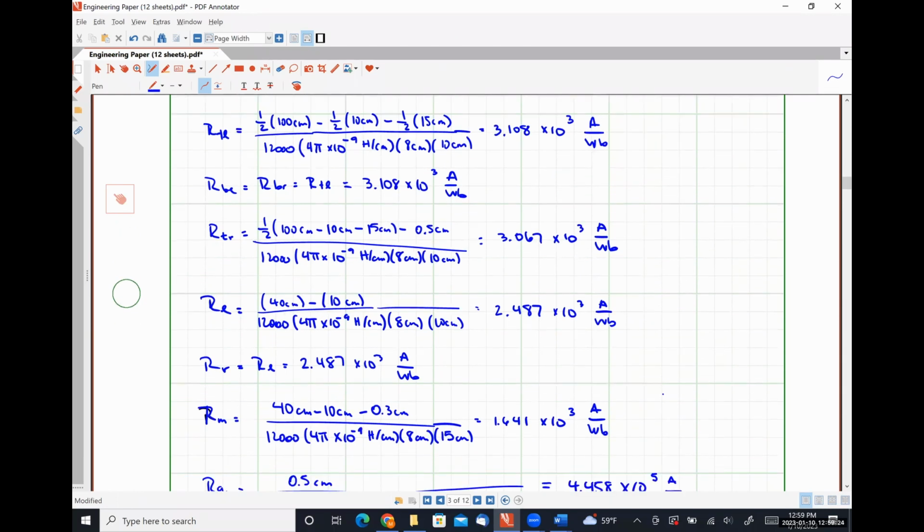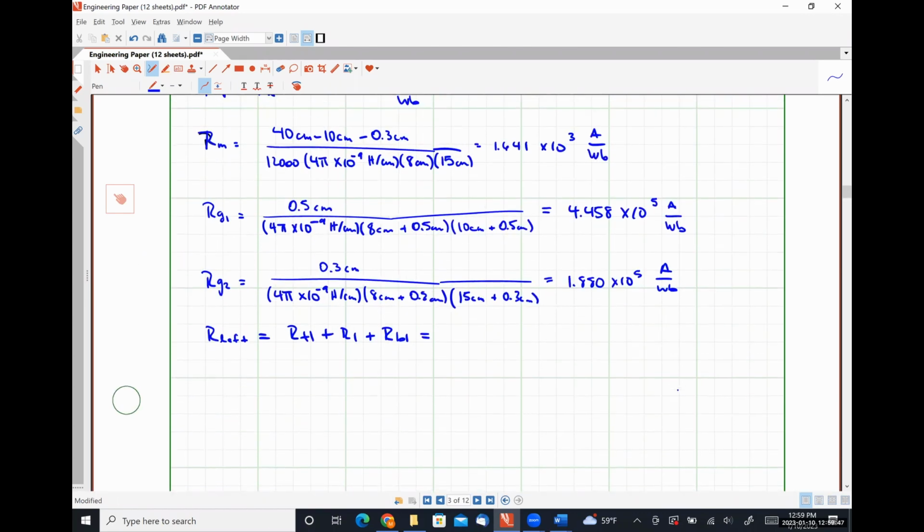So that's 3.108 times 10 to the 3 plus 2.487 times 10 to the 3 plus 3.108 times 10 to the 3, 8.703.